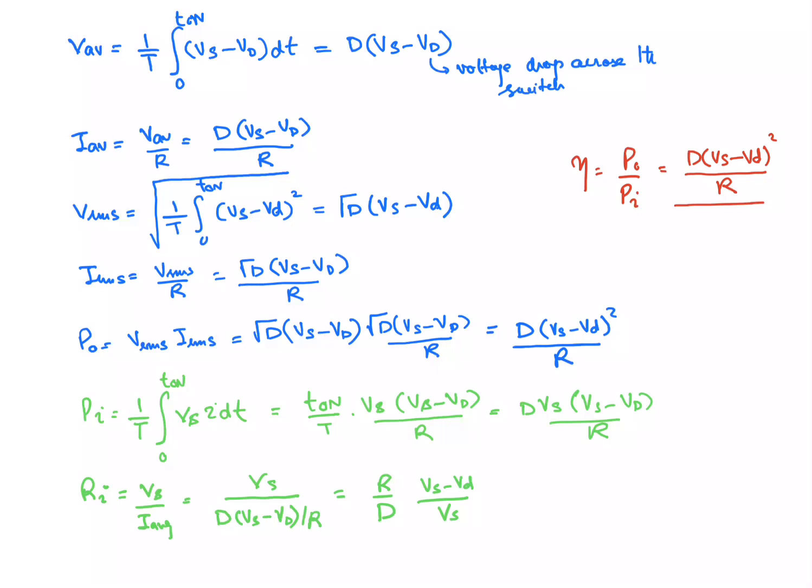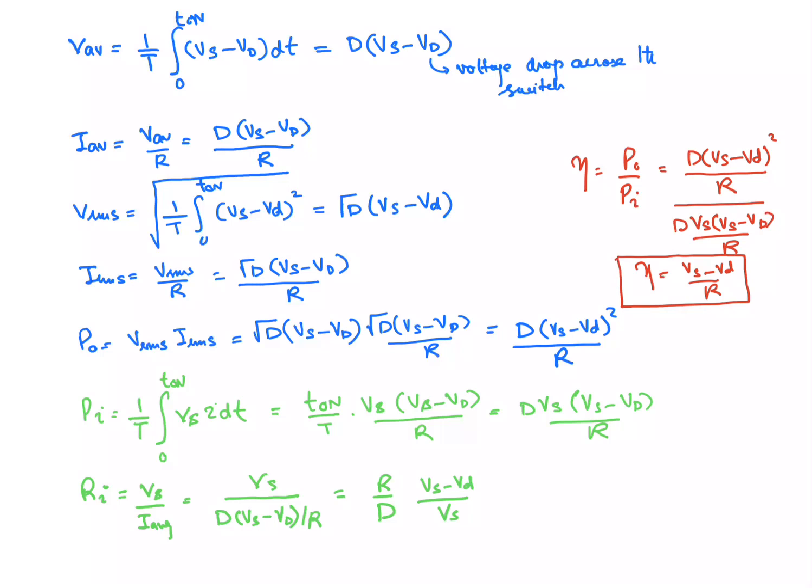So input power is D times Vs into Vs minus Vd by R. So simplifying this one, the efficiency will be equal to Vs minus Vd by R. So the efficiency of this very basic circuit will be given by this expression, right?